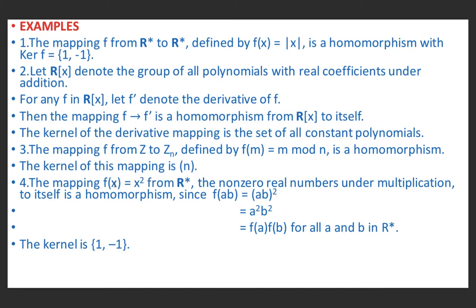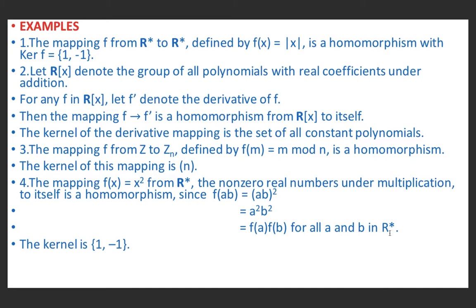The mapping F(x) equal to x² from R*, the non-zero real numbers under multiplication, to itself is a homomorphism. Because here F(x) is defined to be x², therefore F(ab) is equal to (ab)², and (ab)² is nothing but a² times b², and a² is F(a) by definition F(x) equal to x², and b² is F(b), for all a, b in R*.